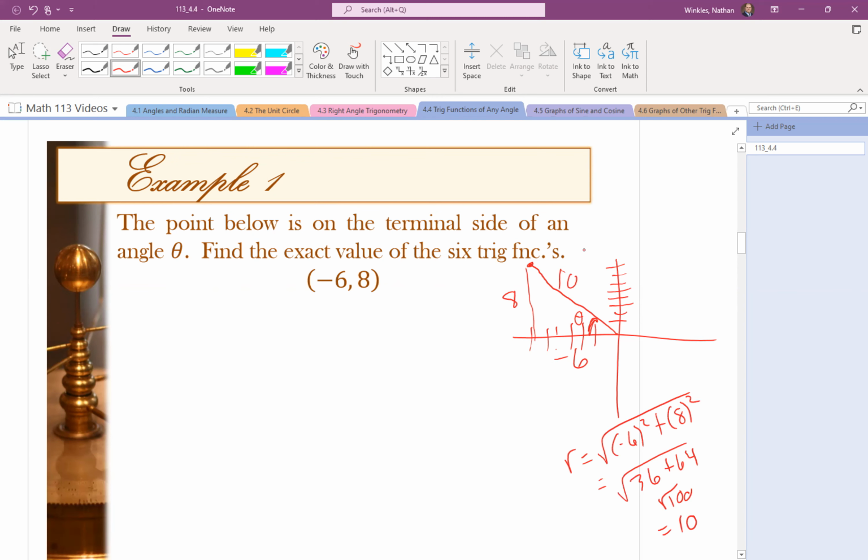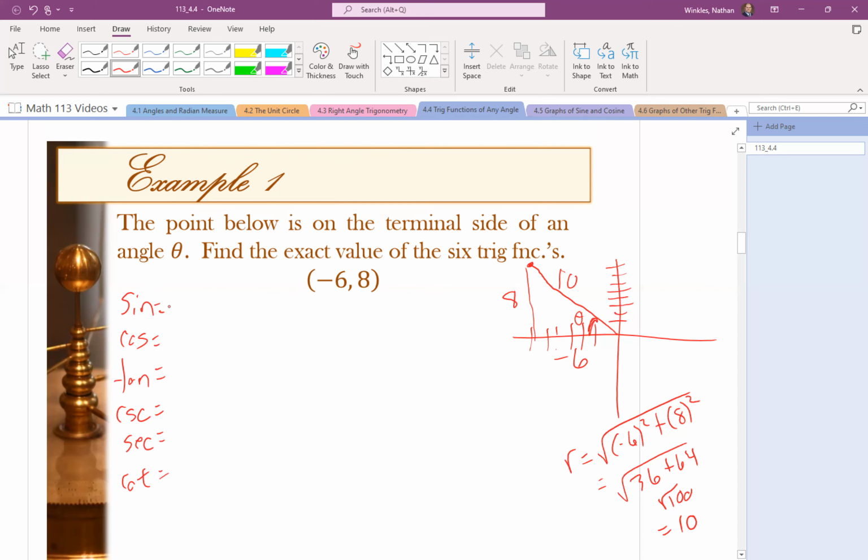So now we need to find all six of our trig functions here. So we have our sine, cosine, and tangent. We've got cosecant, secant, and cotangent.